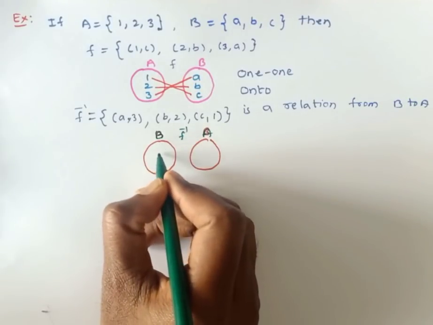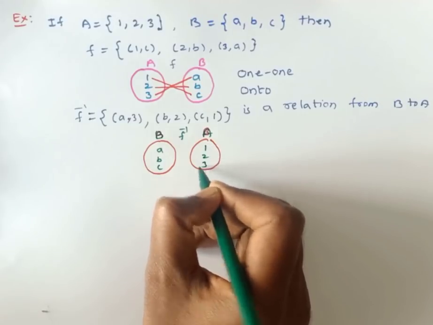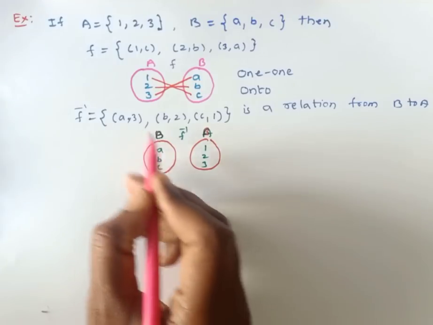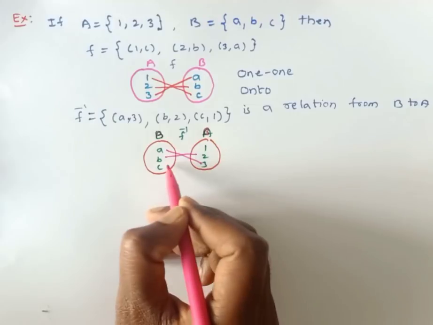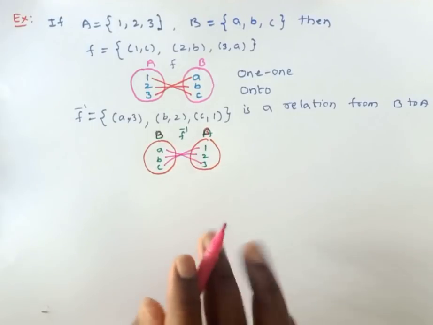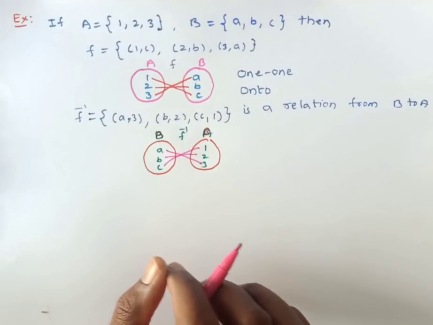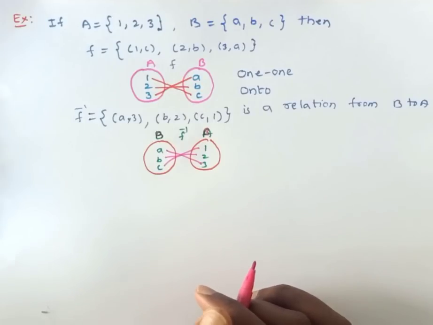B contains the elements a, b, c, and here it is 1, 2, 3. The mappings we already know: a is mapped to 3, b is mapped to 2, c is mapped to 1. For this relation, you now need to apply the definition of a function to check whether the given relation is a function or not.